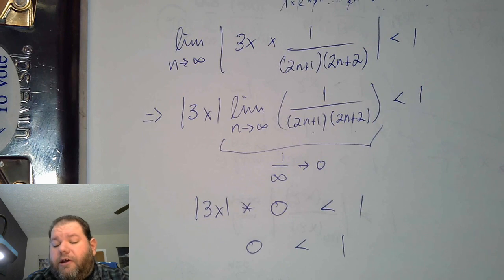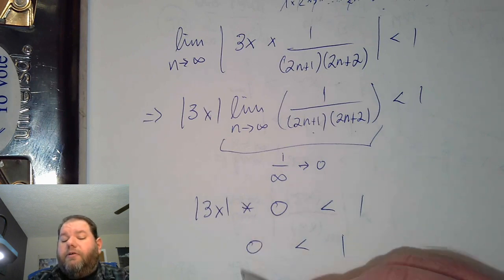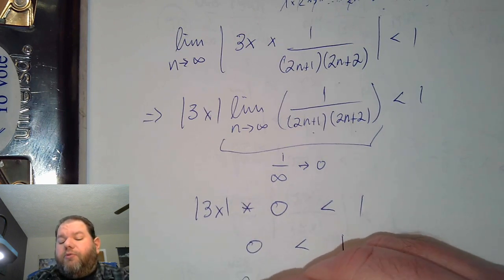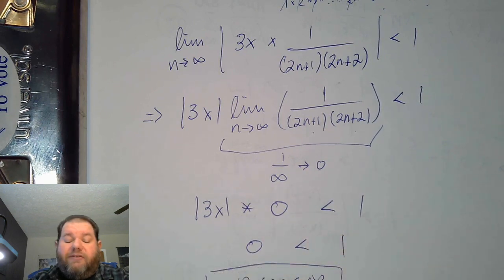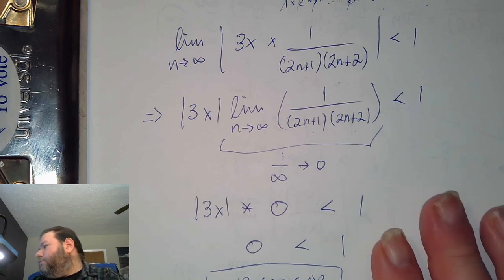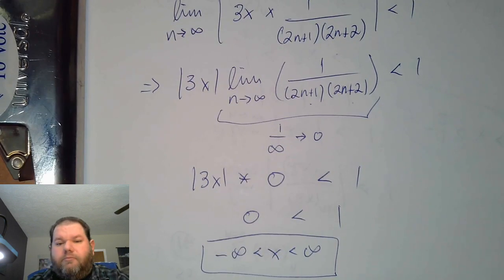So if we have something that's always true, then that means it's going to be true for any real number x, which is negative infinity to positive infinity. So x may be between negative infinity and positive infinity because it doesn't matter, because x basically canceled out of this and it resulted in an always true statement.